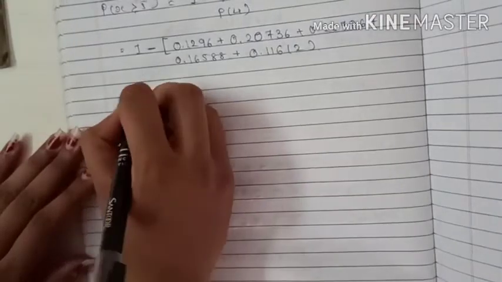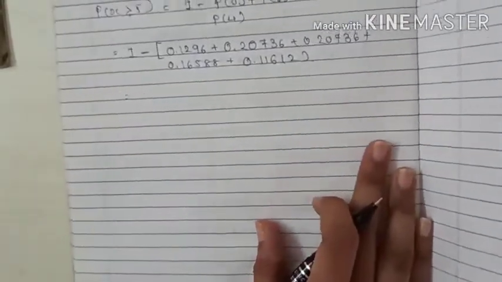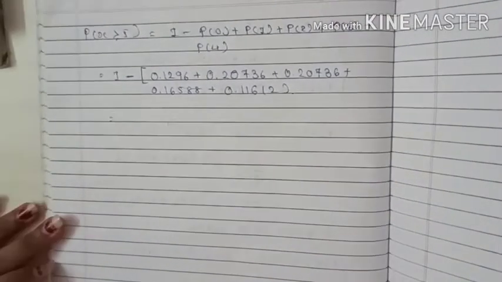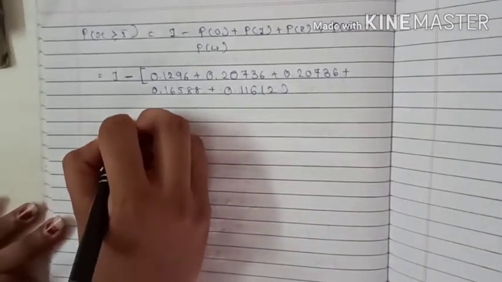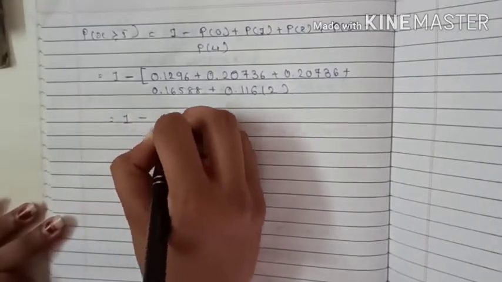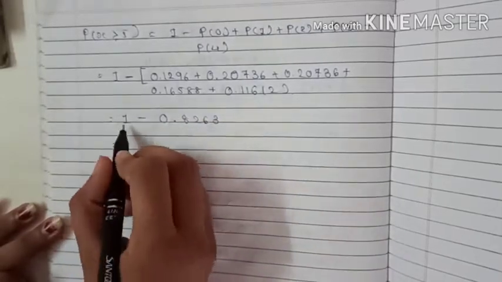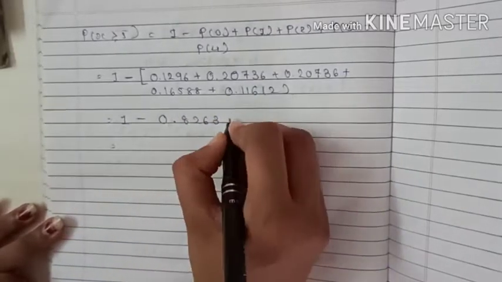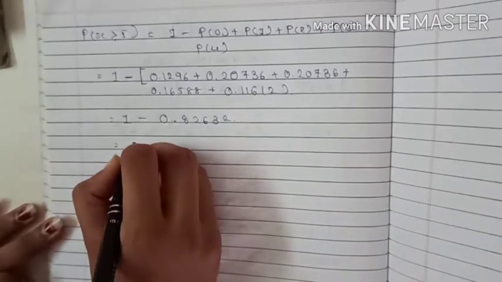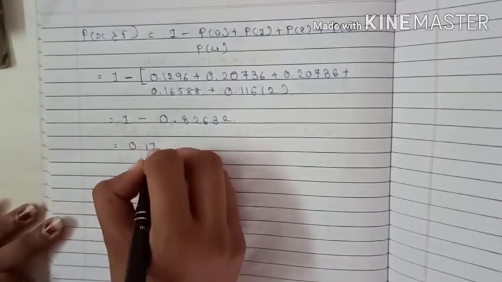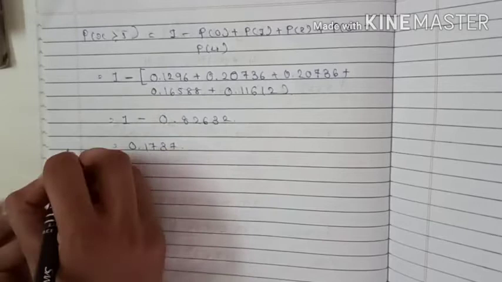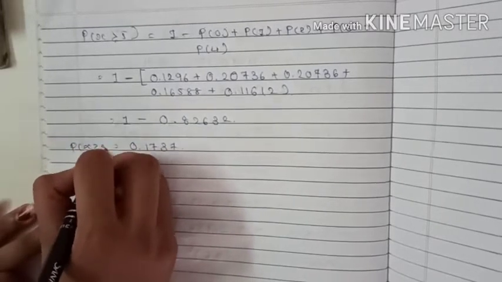Let's calculate this. We get 1 minus 0.82632, and the answer is 0.1737. So P of X greater than or equal to 5 is 0.1737.